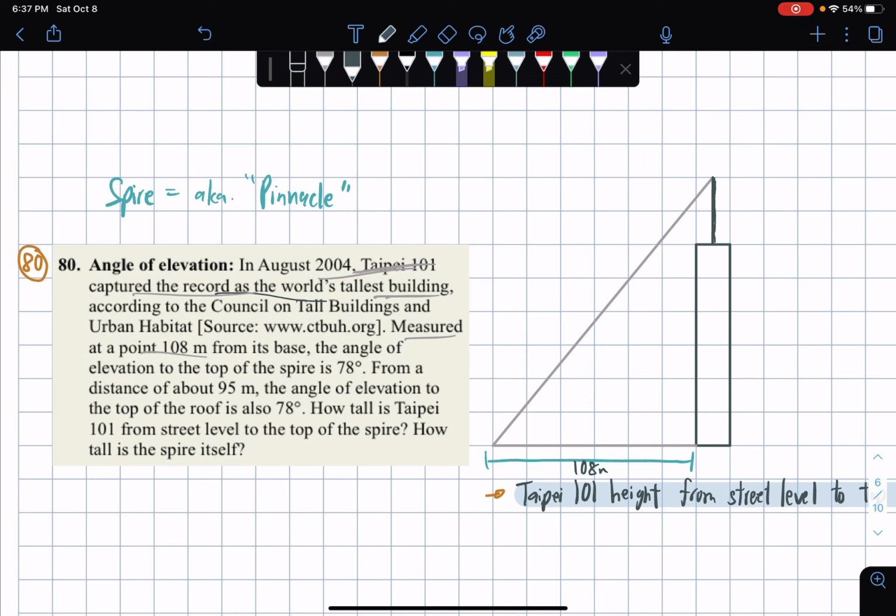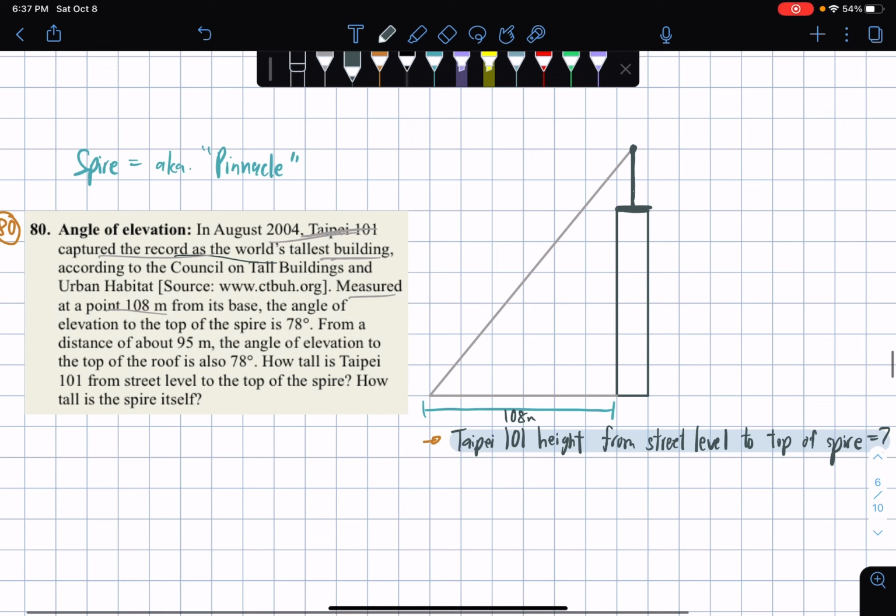Usually, the top part of the building, if this is the roof, this is the pinnacle or the spire. So the angle of elevation to the top of the spire is 78 degrees.